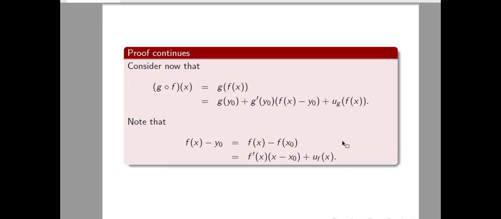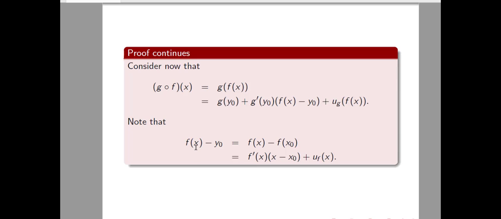All right, now consider that g composition f of x is equal to g of f of x, which is equal to g of y naught plus g prime of y naught times f of x minus y naught plus u sub g of f of x.